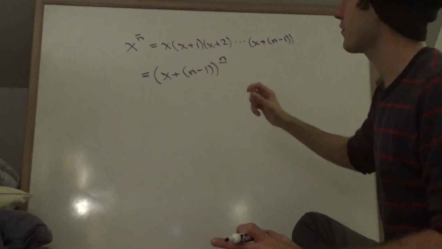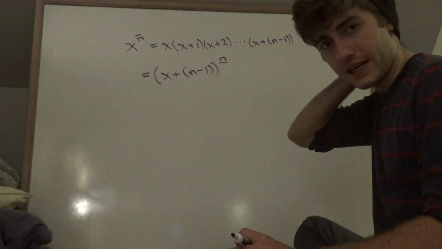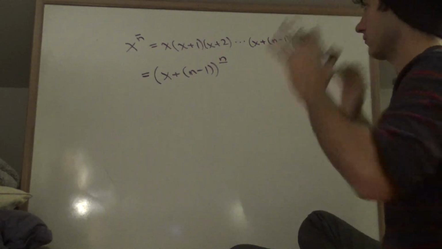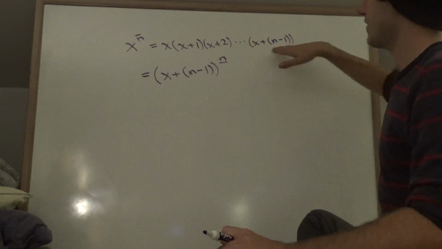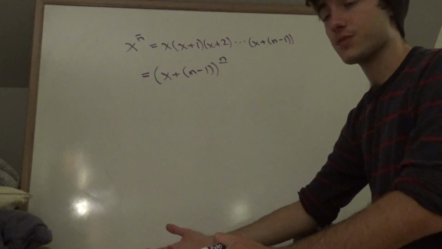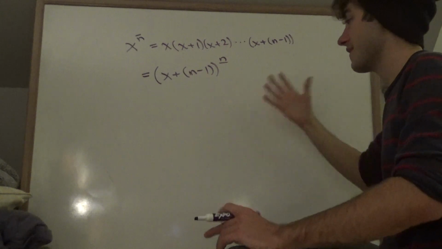More interestingly, we can replace x with negative x and get a neat little relationship. So let's say we multiply all of these things by negative 1, which means we'd have to divide everything by negative 1 as well. So there's n terms, right? Plus 0, plus 1, plus 2, all the way up to plus n minus 1. That's n terms.